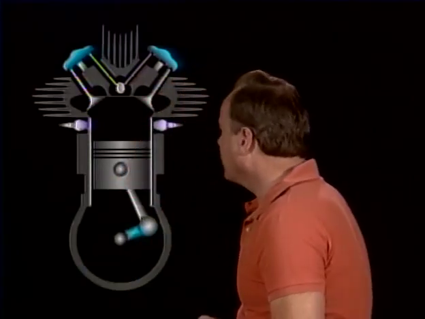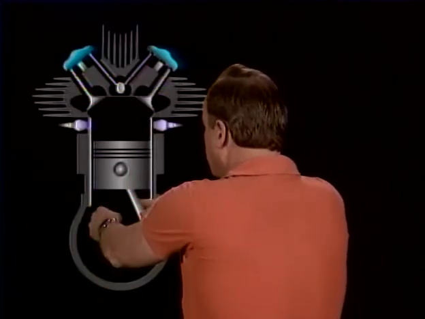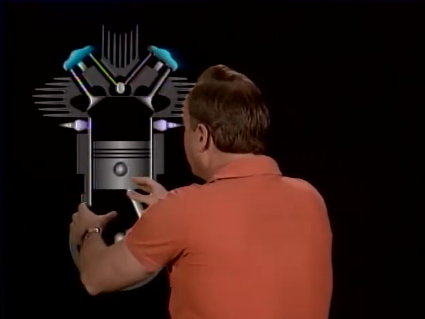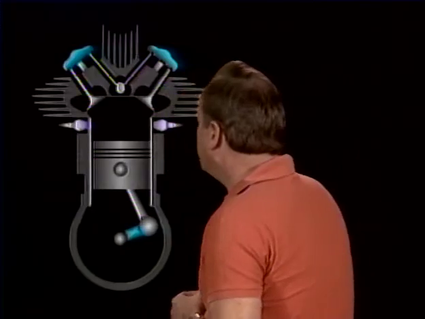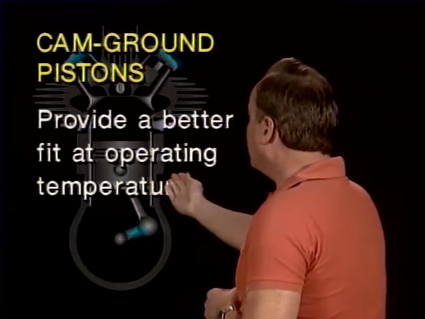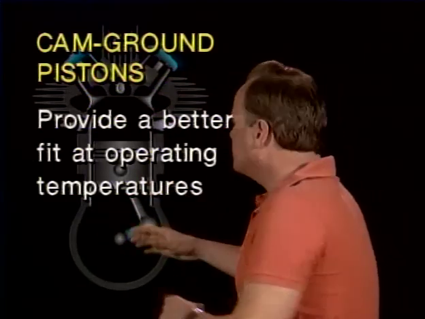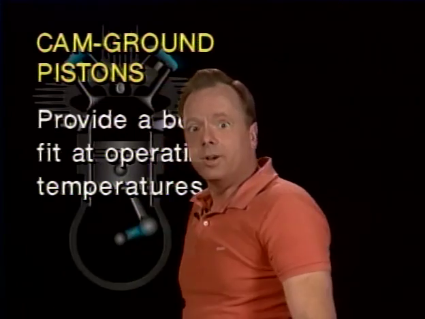On pistons with skirts that hang down on one part but not on another part, the skirts cause the piston to heat and cool unevenly. So when the piston gets to operating temperature, if it's cam ground and has skirts, it now will be round. The reason you have cam ground pistons is to provide a better fit at operating temperatures, because it becomes round at operating temperatures.